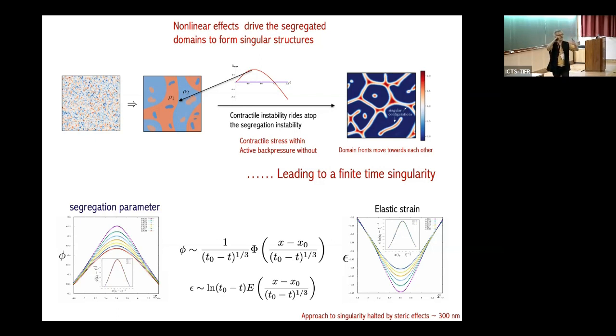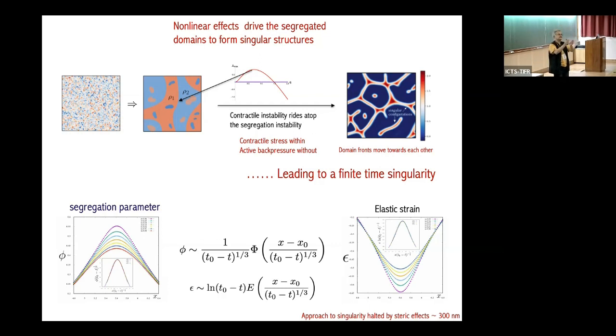A linear description will tell you that there's a segregation instability. It will then grow to these bicontinuous-like structures. But now nonlinearities kick in, and because of them there's a compression along the width of the strip. Because it's a conserved order parameter, the height of phi will increase.